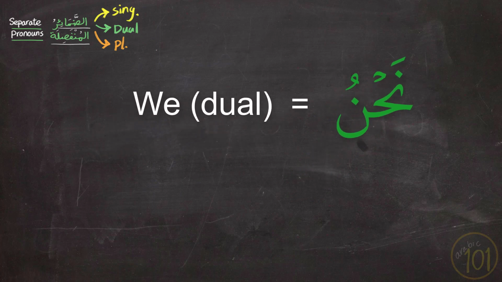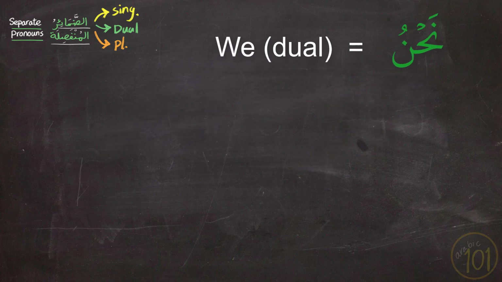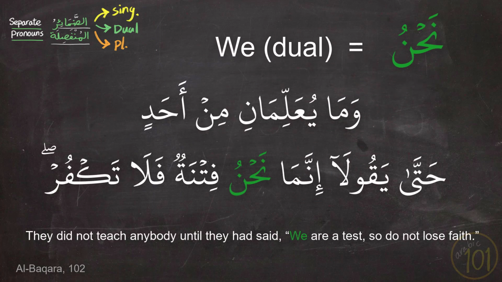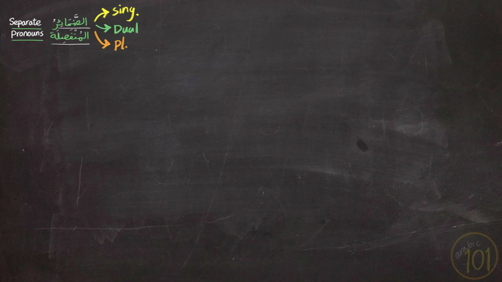And we see it used with the dual meaning in the Quran in this example. وَمَا يُعَلِّمَانِ مِنْ أَحَدٍ حَتَّى يَقُولَا إِنَّمَا نَحْنُ فِتْنَةٌ فَلَا تَكْفُرْ.